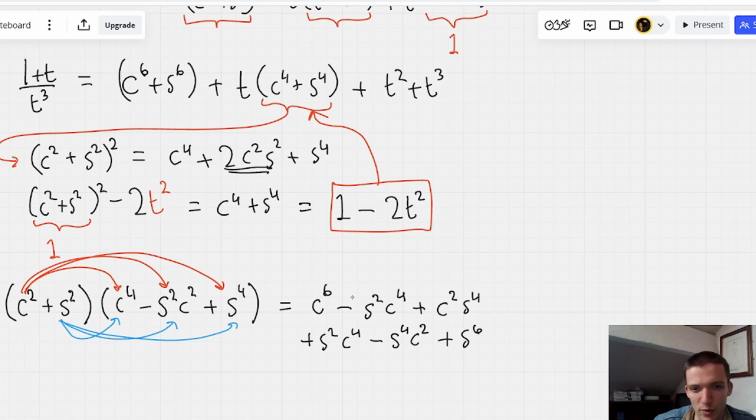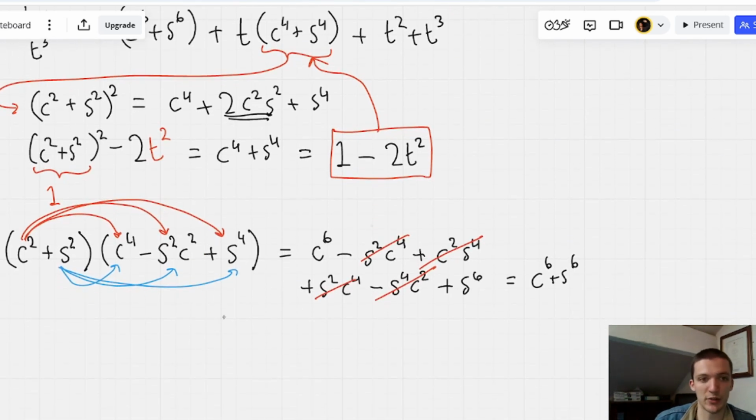Now what happens here? Well, minus s squared c to the 4 plus s squared c to the 4, they cancel. Plus c squared s to the 4 minus c squared s to the 4, they cancel as well. And yes, this is c to the 6 plus s to the 6. That's all that's left over. So I have factorised this correctly.